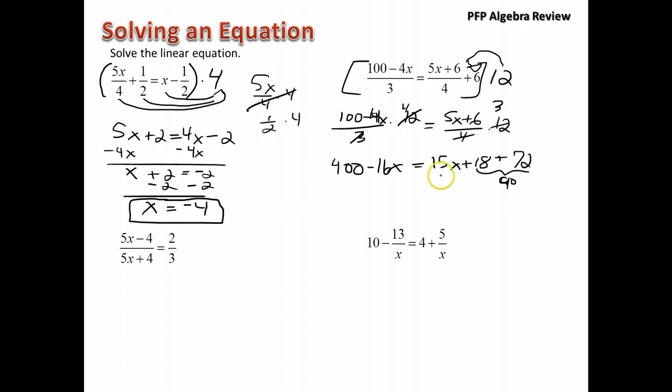Okay. If we take away 15x, that's fine. We'll end up with 400 minus 31x is 90. And then we take away the 400. Oh, I'm sorry, there's a mistake.